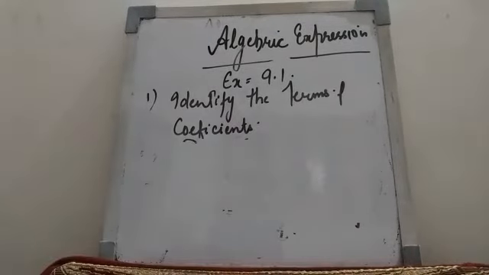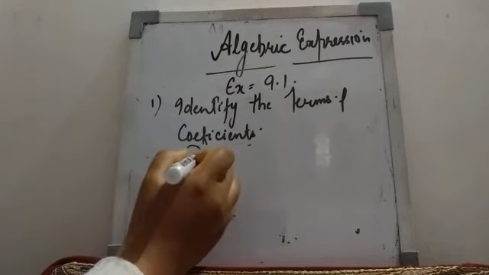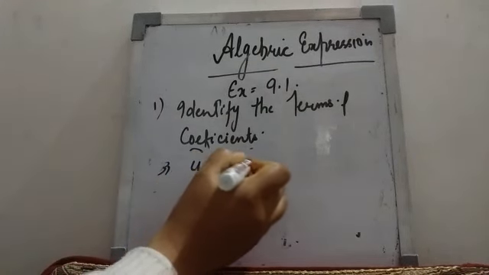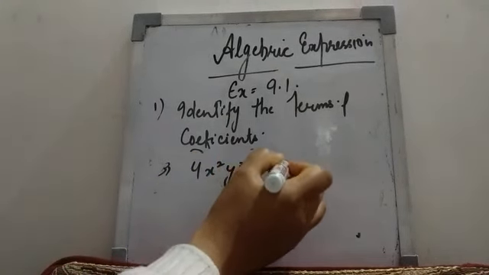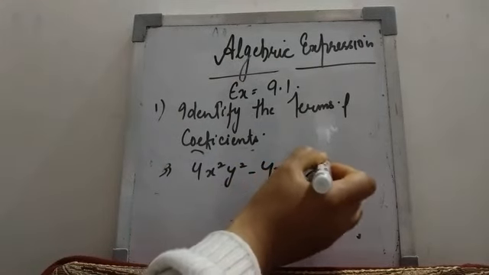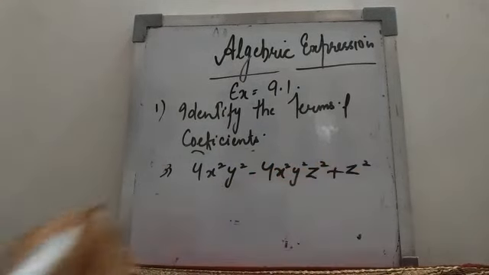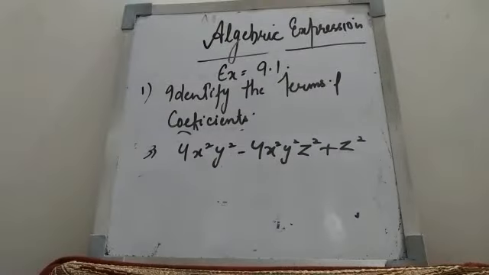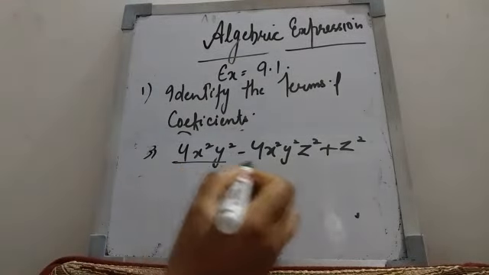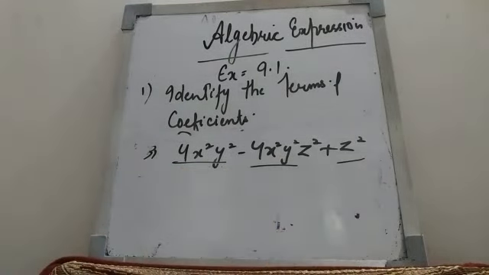Now third part is 4x square y square minus 4x square y square z square plus z square. How many terms are there? There are three terms, 1, 2 and 3.